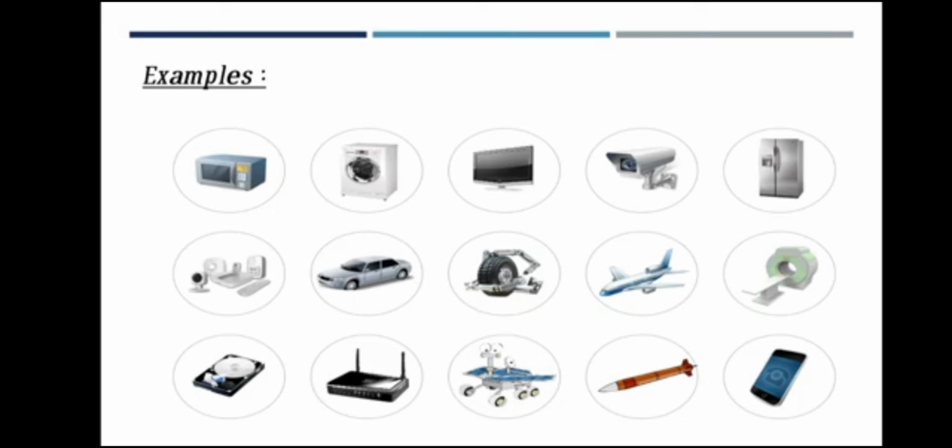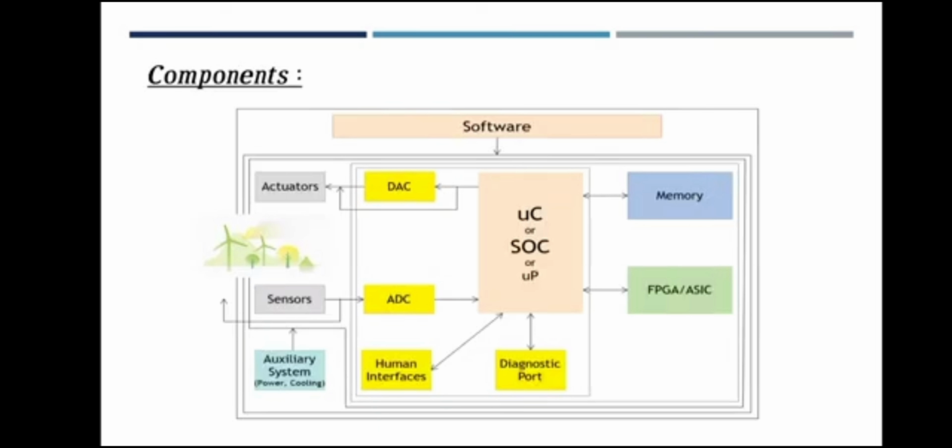Coming to introduction to embedded system, we have many definitions for embedded system. One of the definitions is any combination of hardware and software which is intended to do a specific task can be called an embedded system. Embedded system categories are standalone, real-time, networked, and mobile.